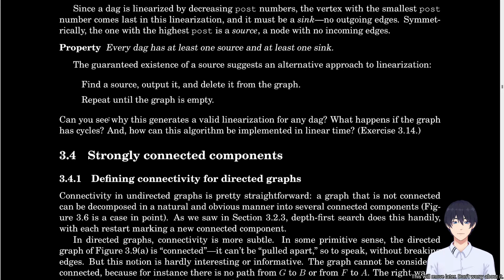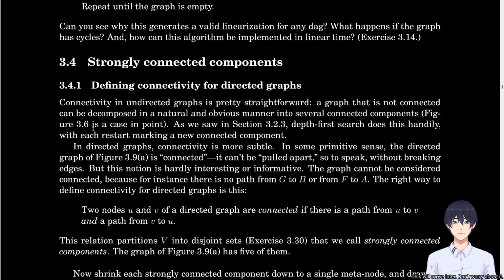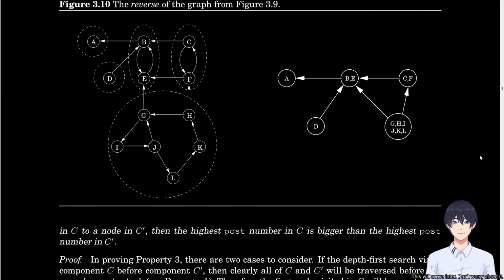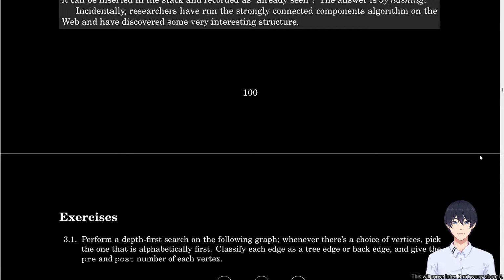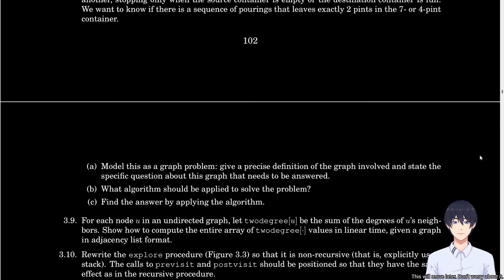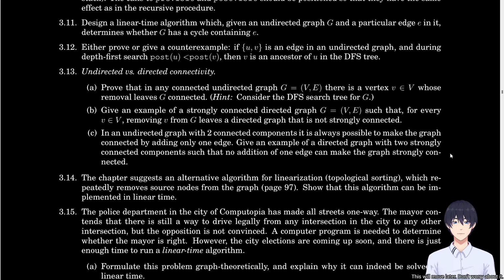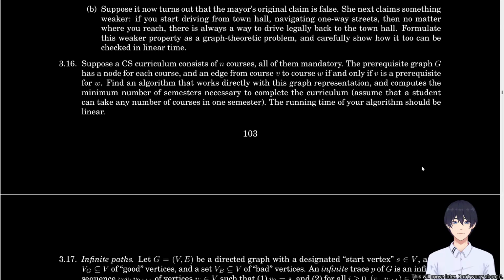Of this? Okay. So that wasn't DFS. That was like linearization. You just collect the post numbers and reverse them, and that's your order, topological order.